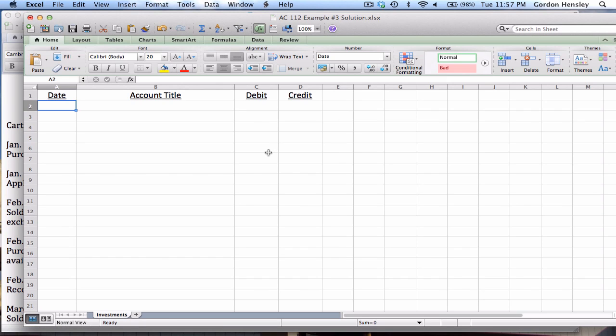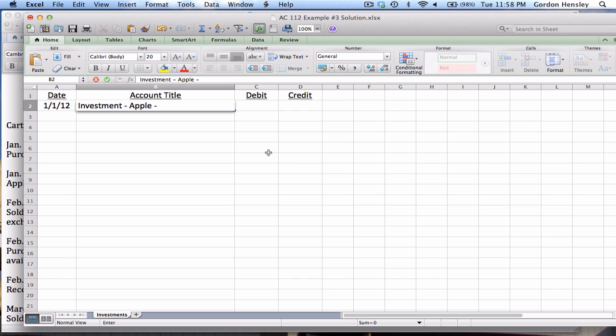So I'm going to utilize Excel to do these journal entries, and this very first entry occurred on January the 1st. Now this is an investment. So remember, we have a new asset account for investments, and I'm going to debit investment, and then I'm going to put the name of the company, which is Apple, and then I'm going to put AFS, which stands for available for sale.